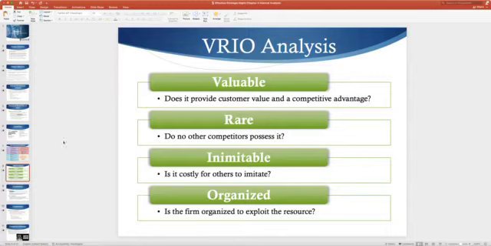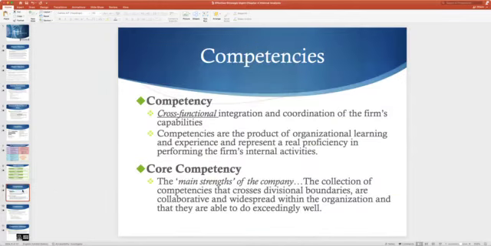Let's talk about competencies. We're going to start this whole little string of events leading up to a competitive advantage, and we begin with competencies. When we're analyzing internally in our firm, what we're looking at are those areas of our firm where we do things well. Those are called competencies. They are cross-functional. That means they go through functional departments. They are integrated and coordinated, and they are the firm's capabilities.